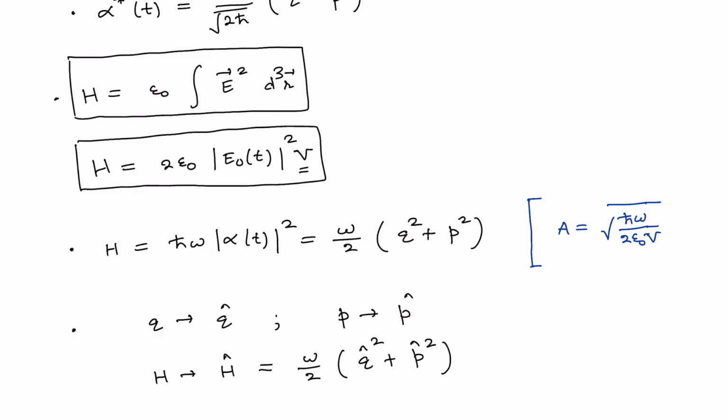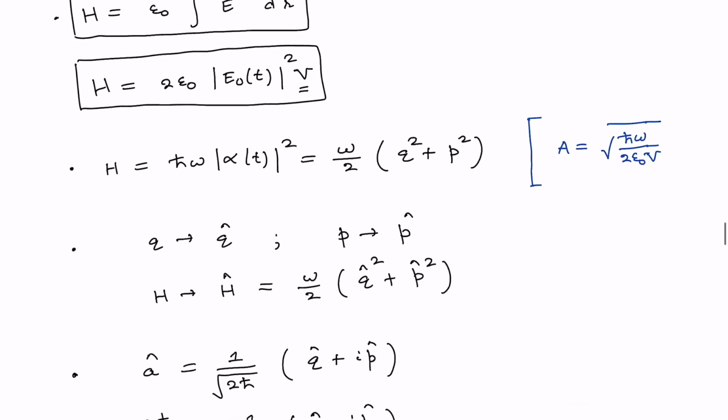Here this V is the quantization volume, and in terms of this alpha of t parameter, ultimately we write the Hamiltonian in terms of q and p. As you can see, this Hamiltonian expression is quadratic in q and quadratic in p, which is exactly of a similar form to a harmonic oscillator.